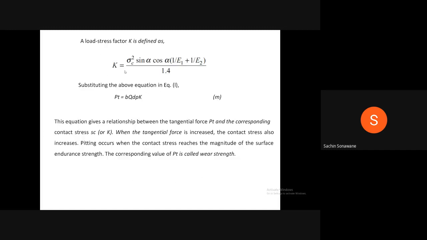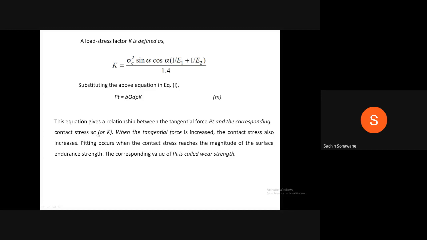Therefore, a load stress factor K is defined as K is equal to sigma c square into sin alpha cos alpha into bracket 1 upon E1 plus 1 upon E2 divided by 1.4. Substituting the above equation in equation L, we get Pt, that is the tangential force, is equal to B Q dp K, equation M. This equation gives a relationship between the tangential force Pt and the corresponding contact stress sigma c.